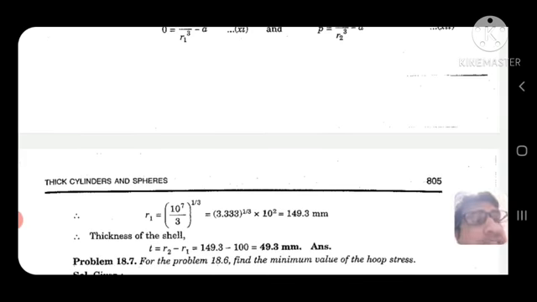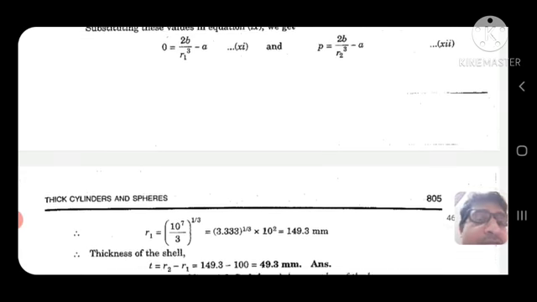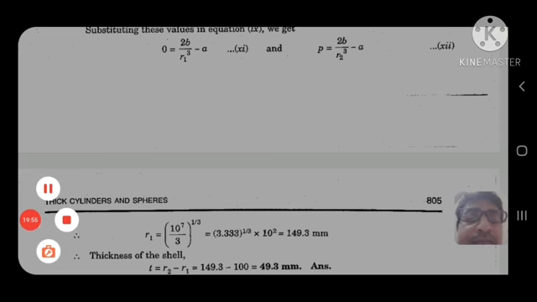Therefore, the thickness of the shell is equal to r2 minus r1, 149.3 minus 100, so 49.3 millimeter.